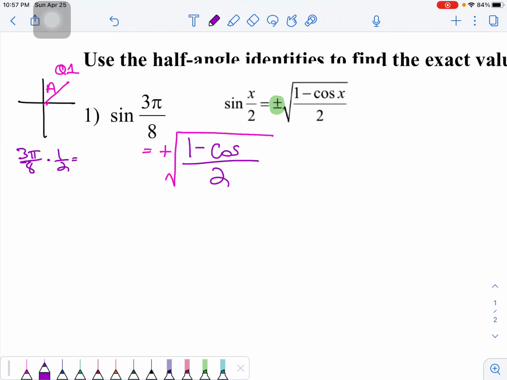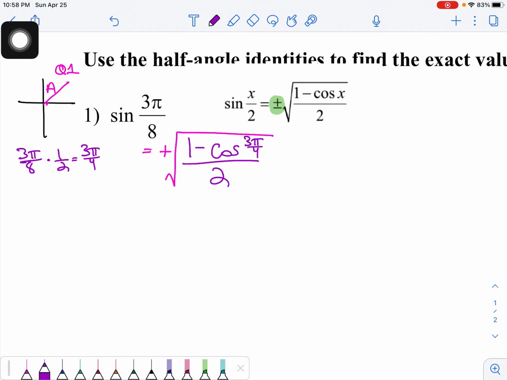Wait, I need x, so that turns into 3 pi over 4, so cosine of 3 pi over 4. So that's the first start. Half-angle identities are called that because it's half of the angle that we're working with. So the angle that we're working with is going to be 3 pi over 4, and half of that is 3 pi over 8, half-angle identities.